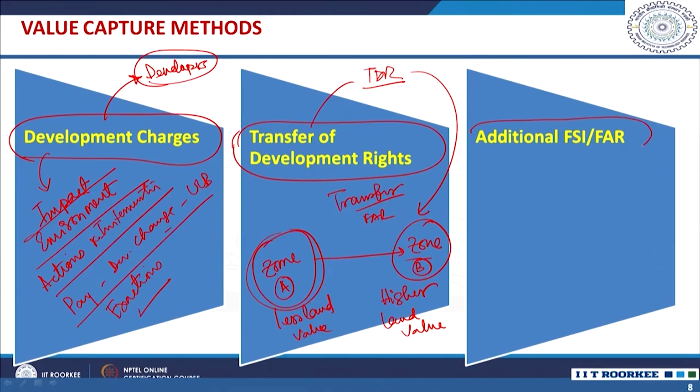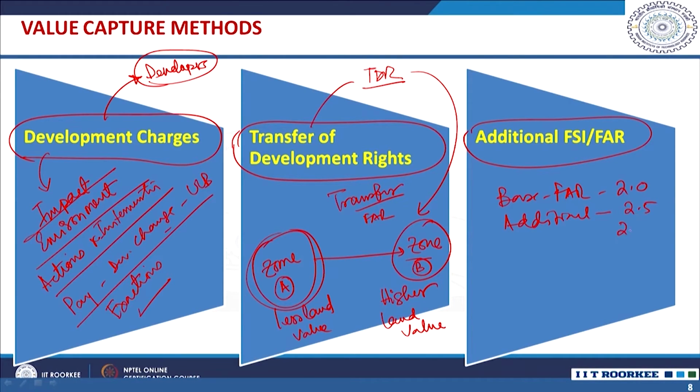That is very popular in India also, in some of the states including Maharashtra, and then sometimes we also provide additional FAR. Suppose there is a base FAR of say 2.0 and an additional maximum up to 2.5.